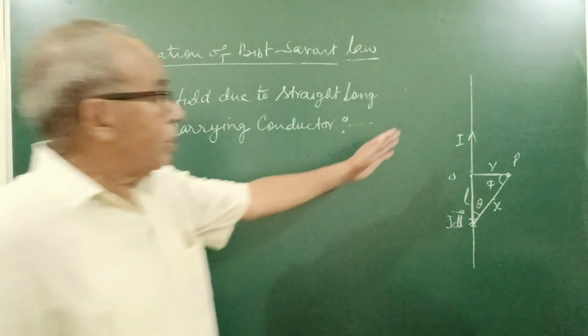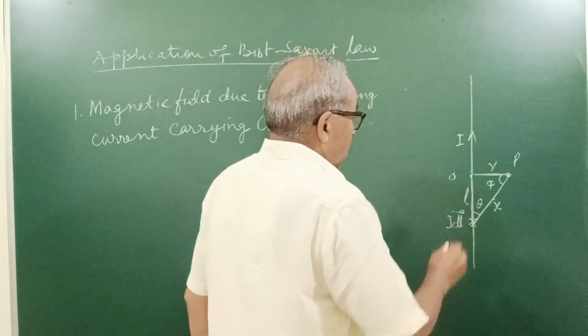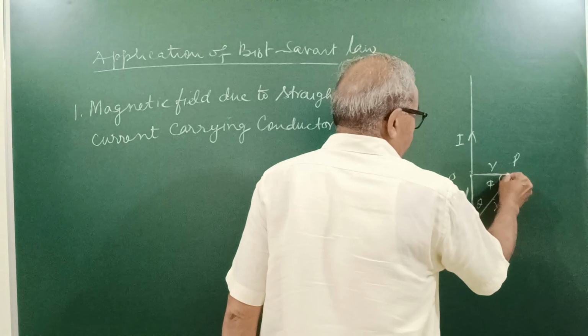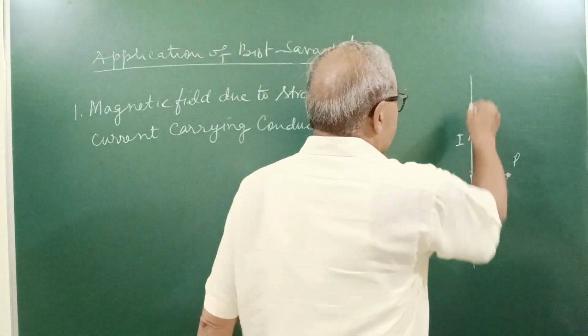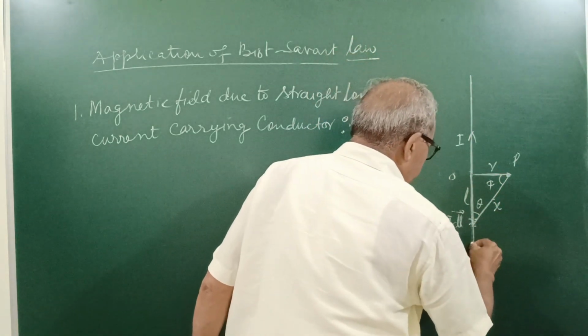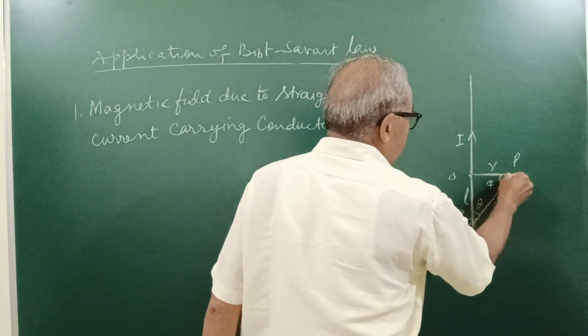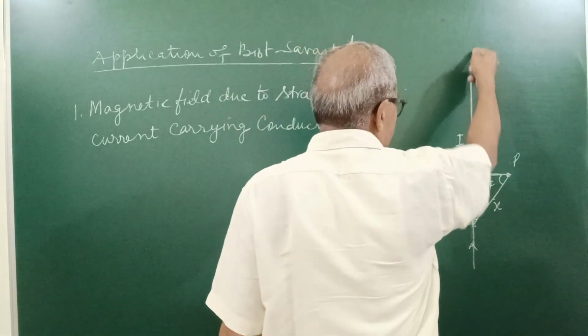So in the figure here we have a long conductor carrying current I. We want to find out the field at P at distance r from the center of the long wire. For this r the length is infinity.